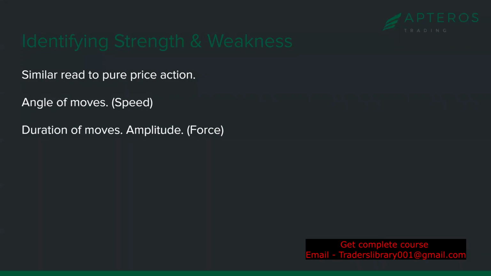Identifying strength and weakness is similar to strength and weakness of pure price action. What do we talk about in the price action section of this course as identifying a weakness in price action? What's one pattern? Flag. That's right, Nick. If we see a move like this and then a move like this, this is weak.